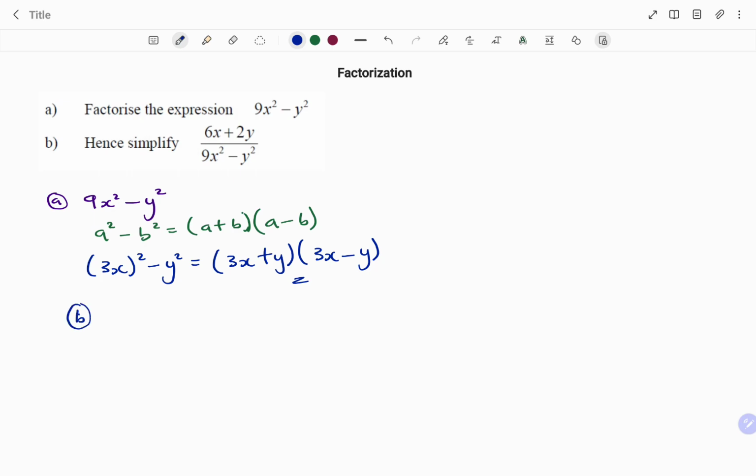If we go to the second part of the question, that's our b. We have to simplify 6x plus 2y divided by 9x squared minus y squared. If you look at the first part of the question, we've already factorized the denominator, which is 9x squared minus y squared. We have to factorize the numerator. 6 is a multiple of 2, so I'm going to use common factors.